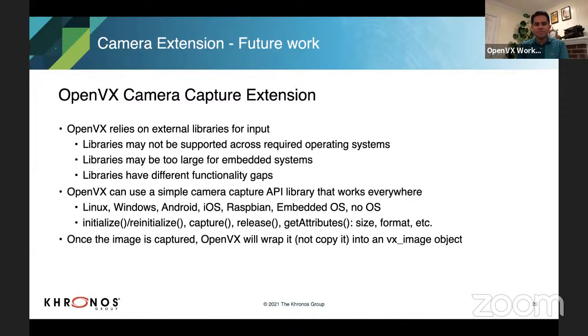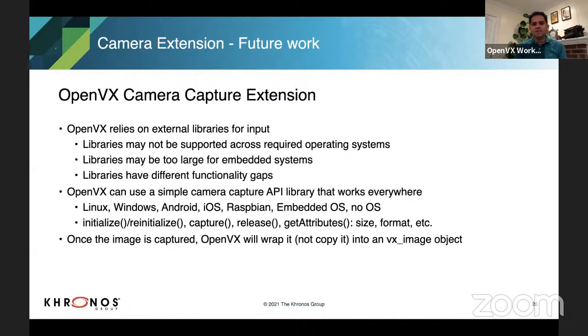The limitation of the API being it will be very modular and very simple, and it might have just a few functions like initialize, reinitialize, capture, release, get attribute. So just enough to get people started and start using the camera. And for advanced users, you could always unlock the advanced features within the camera API and not through the OpenVX extension.